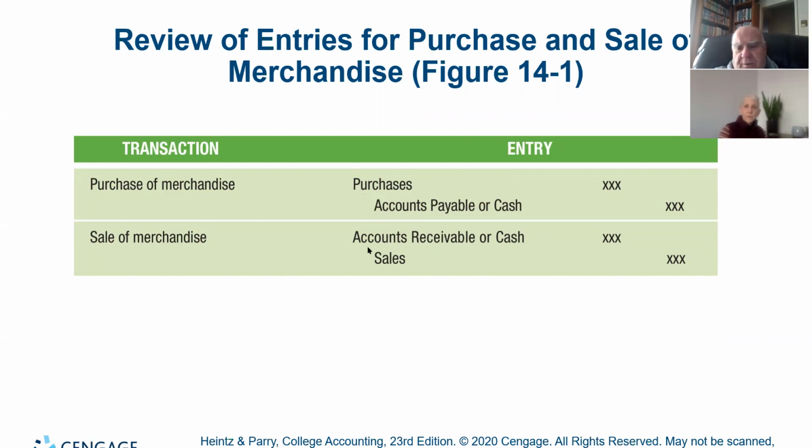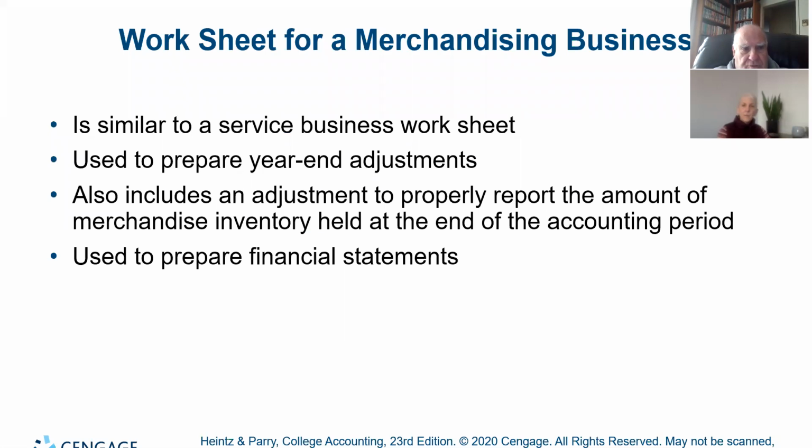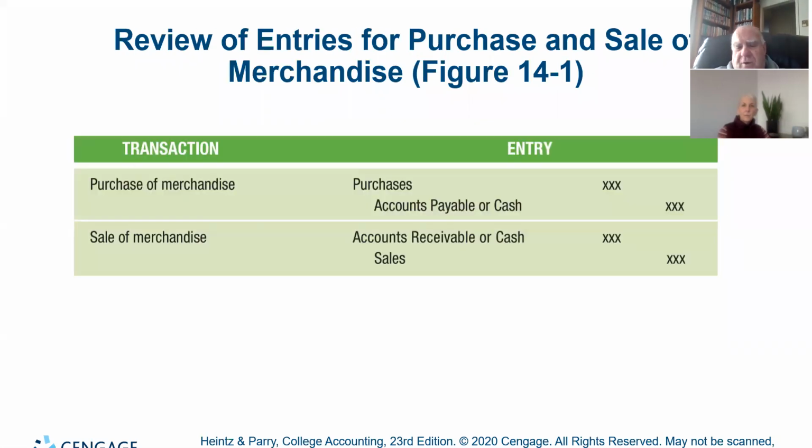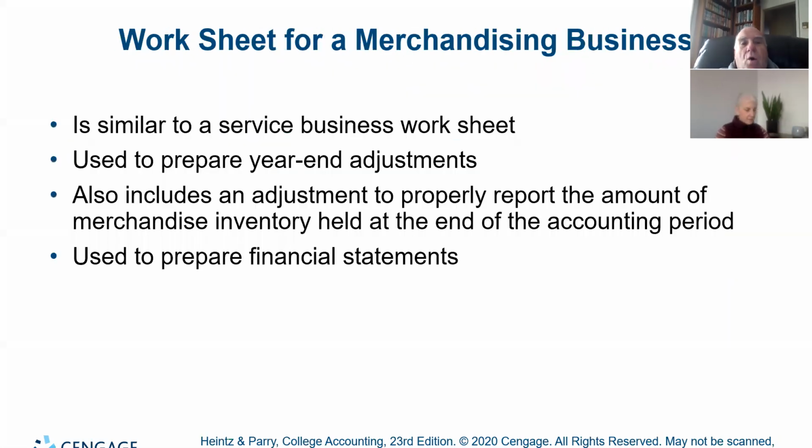And when we sold something, it was the basic accounts receivable or cash, revenues, cash or sales or revenue, that's fine. Worksheet for merchandising: similar to the service worksheet, and we're going to use it for year-end adjustments. And it includes an adjustment to properly record the amount of merchandise inventory at year end.